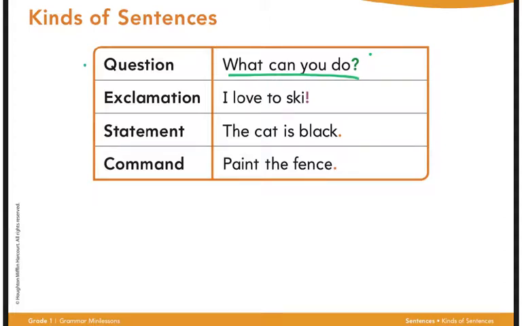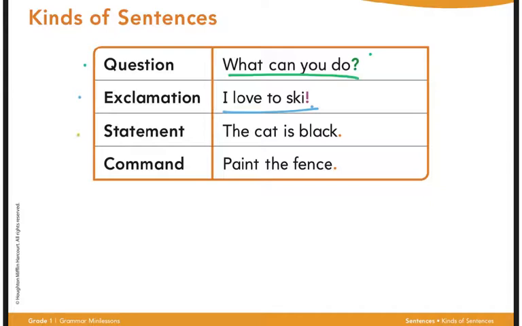Okay. Next one, an exclamation. Here's an exclamation. I love to ski. Now, that person, whoever's saying that, must really love to ski. If you think about something you really love, you might say it really excited too. And the reason you can see it's an exclamation is you see that exclamation mark.